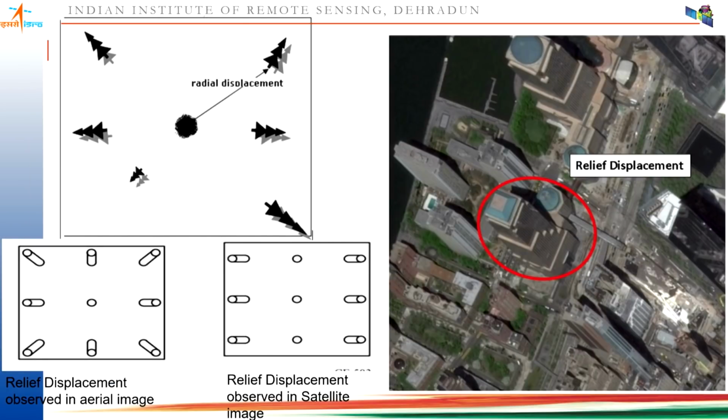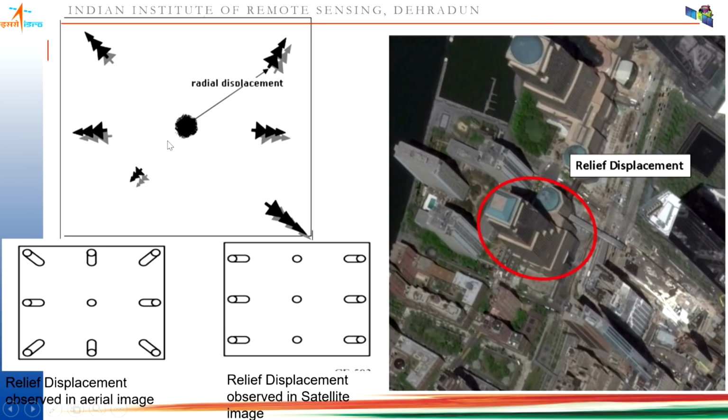If you look at the photograph, just at the nadir point, there will not be any relief displacement. Whatever the height of the object, relief displacement will be 0 at nadir. Why is this so? I will give you the formula so that it will be clear.